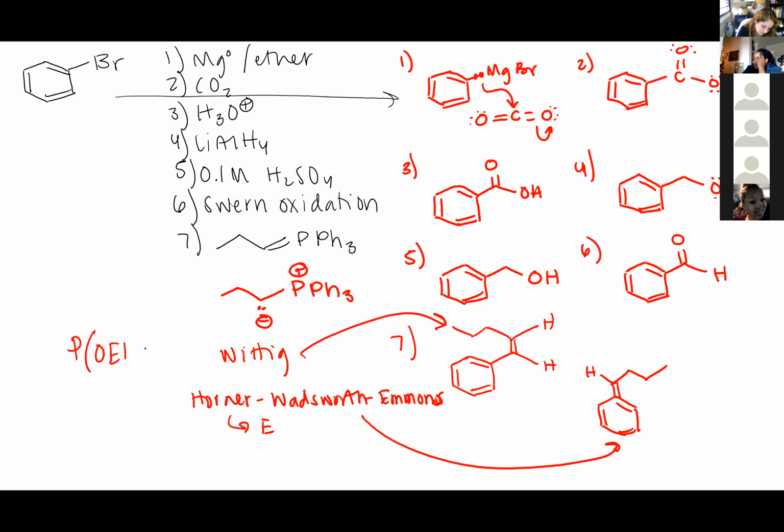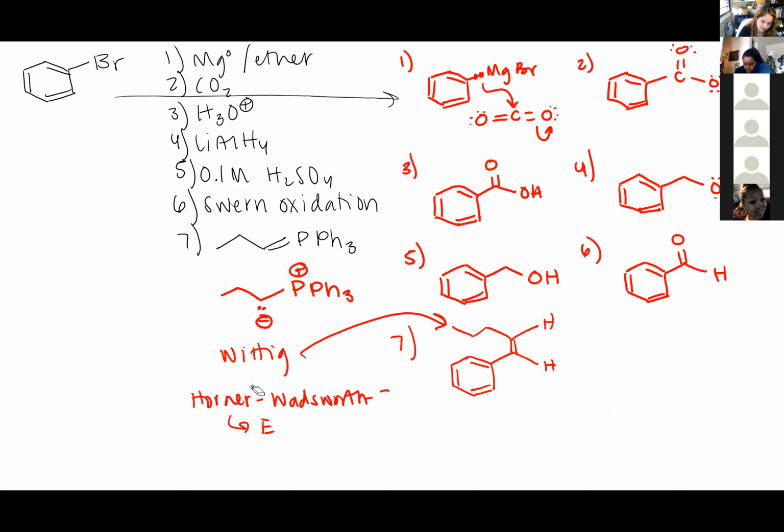Oh yes, that's right. Okay, thank you. Yeah, it's just those two. A phosphorus ylide like this is Wittig, and the other one has your phosphonate ester. Okay, so for this one, the Z is the product though. So I'm gonna erase Horner Wadsworth Emmons here.